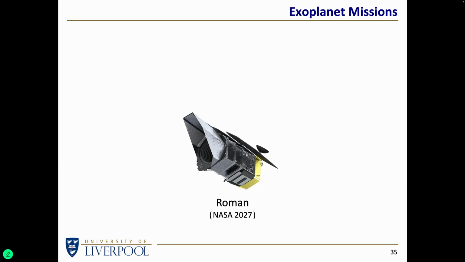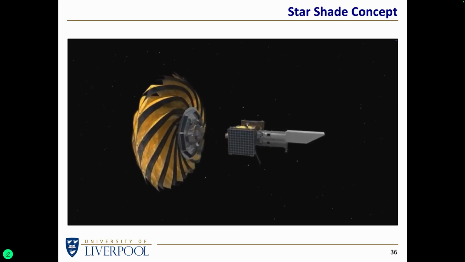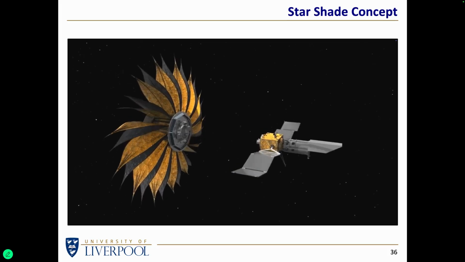The idea is maybe you can use an occulting disk which is external to the telescope itself, a so-called star shade. You have the telescope and the star shade as two separate entities.